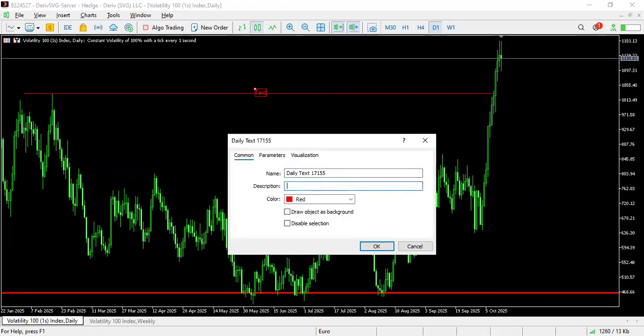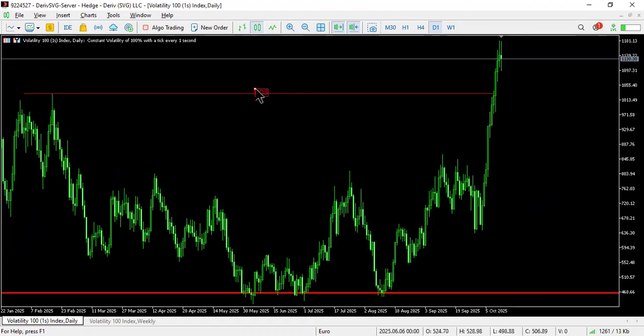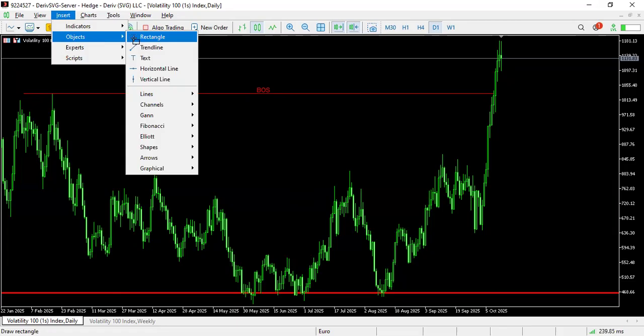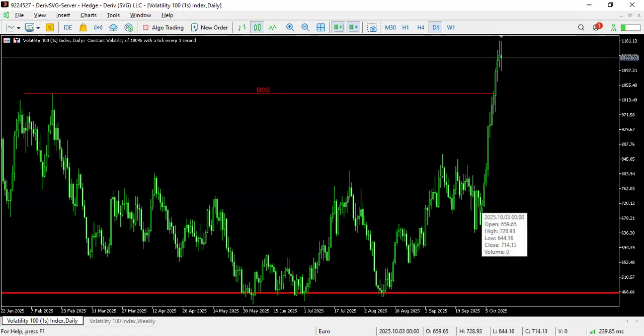That is a break of structure. And then the order block, which caused that break of structure. So from the daily time frame, that is the order block which caused the break of structure.